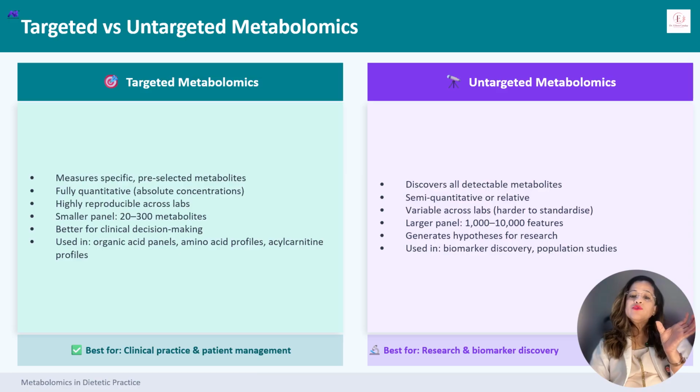When it is targeted, it is quantified with a reference range, and untargeted is a relative intensity. There is no particular reference range used, and therefore the targeted one is more actionable.